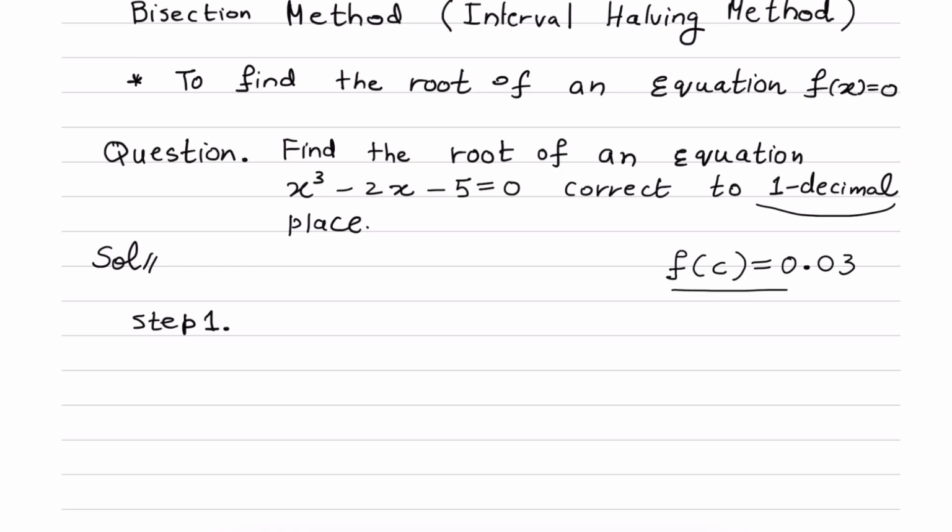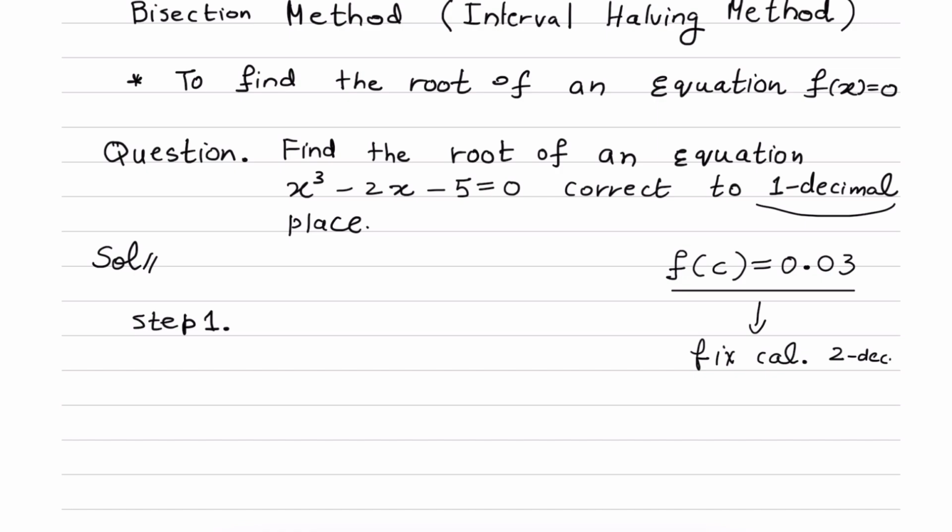So that is our goal. We are looking for some number c which, when we plug it in the function, gives us 0.10 and some digit. For this, we will have to fix our calculator up to 2 decimal places.